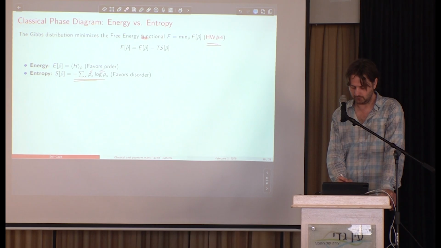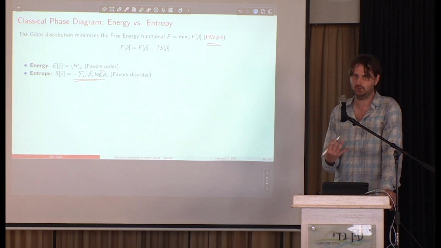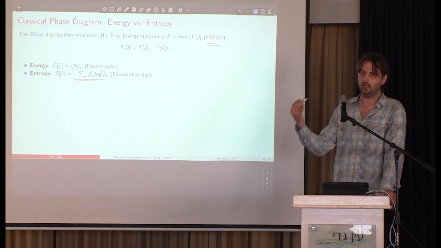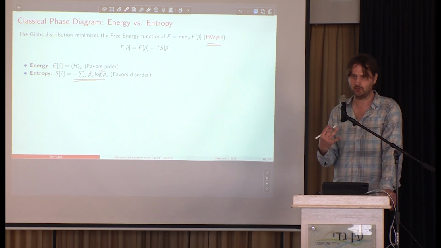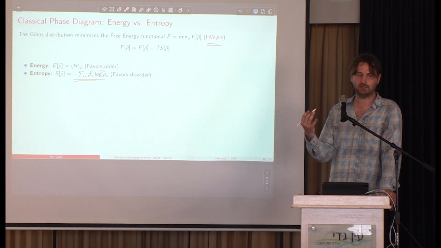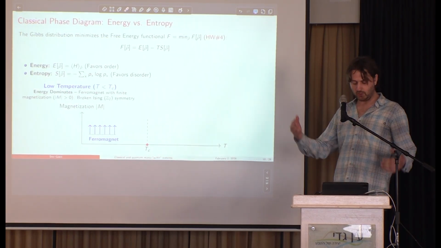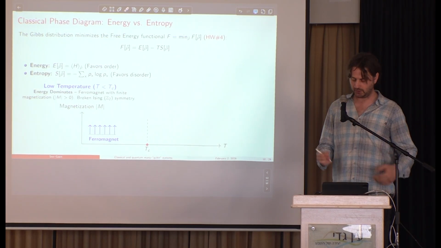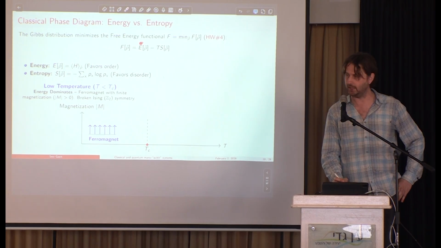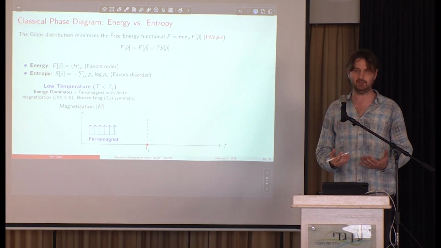So 99% of statistical mechanics really deals with this competition between energy and entropy. Let's try to understand how this would materialize in the Ising model. When we go to very low temperatures, we said that we would like to minimize the energy. What does it mean to minimize the energy?